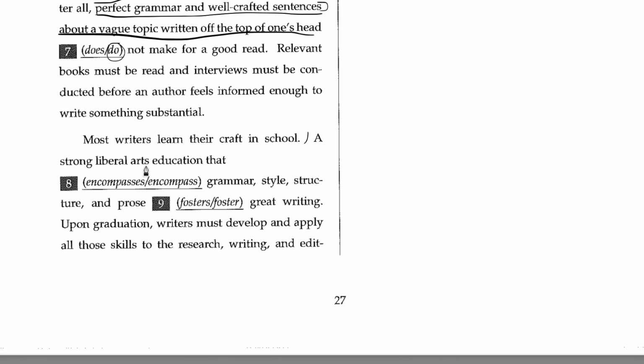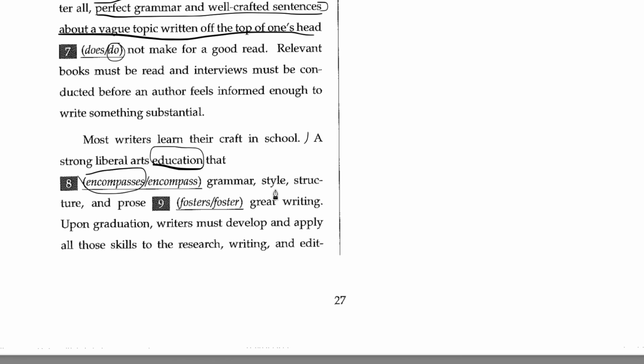So, a strong liberal arts education that encompasses. So where's my verb here? A strong liberal arts education. Because in a strong liberal arts education, "a strong liberal" is describing the arts education. So my subject is education, and education is a singular subject, so it's going to be encompasses.